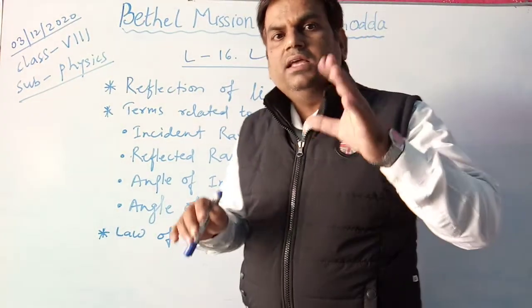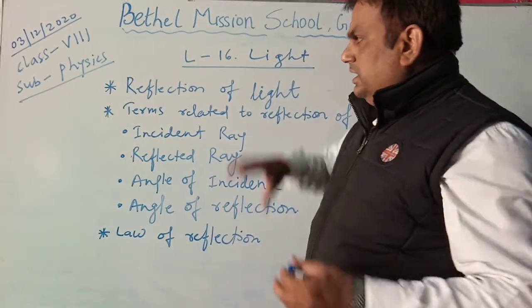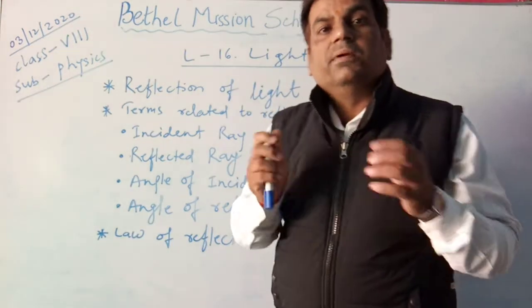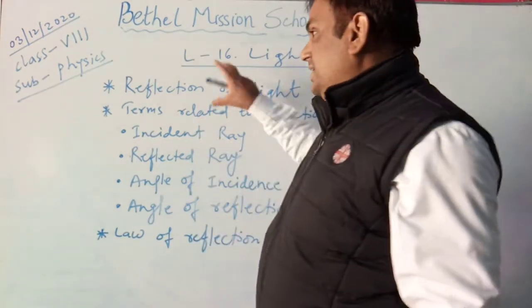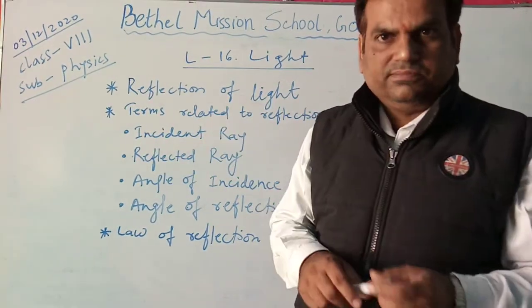When a ray of light falls on a surface, it reflects the light which reaches our eye, and it helps us to see the things which are around us.